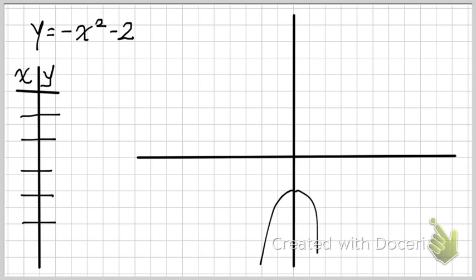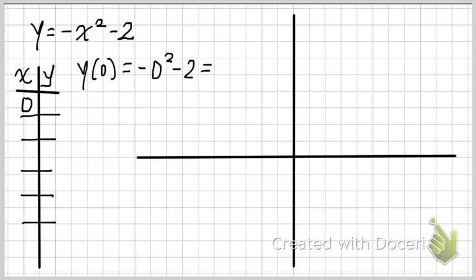But let's get a little bit more specific here and let's go into the table. Again, we may or may not need to use this, but I just wanted to show the use of it. I'm going to plug in x is 0. It's way more detailed than is necessary, and I'm sure this is very easy for almost everybody. But if I plug in a 0 for x, and then I look at what the output is, I get -2. That's my y.